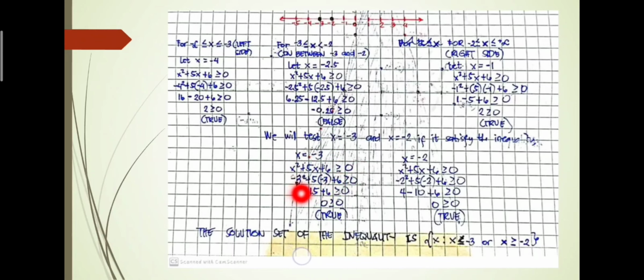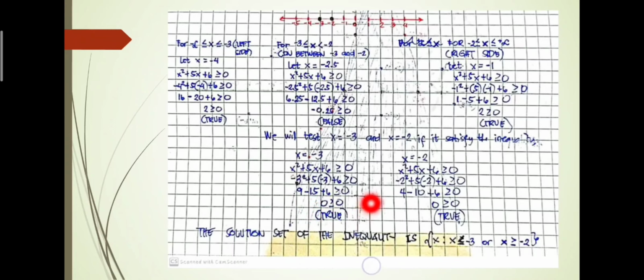So, negative 3 squared plus 5 times negative 3 plus 6 is greater than or equal to 0. So, negative 3 squared is 9. Positive 5 times negative 3 is negative 15. That's why yun, minus 15. Plus 6 is greater than or equal to 0. So, 9 minus 15 is negative 6 plus 6 is 0. 0 is greater than or equal to 0.